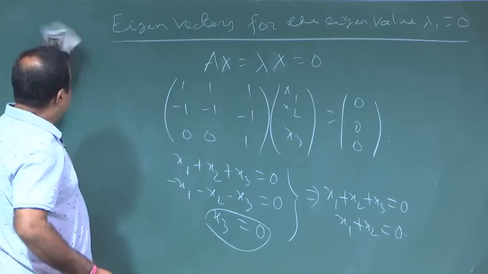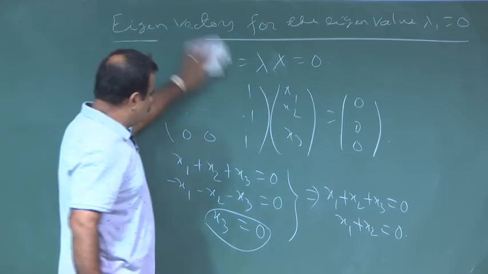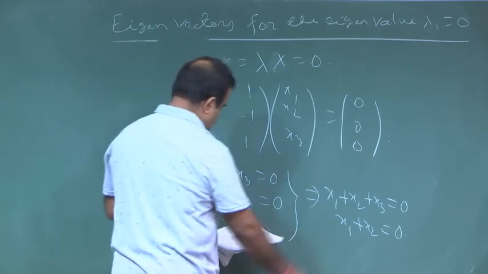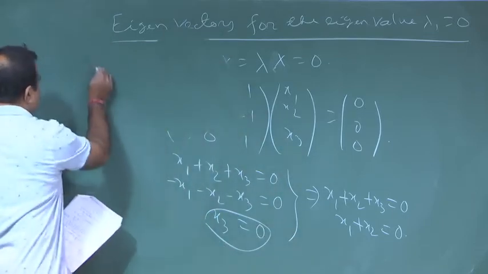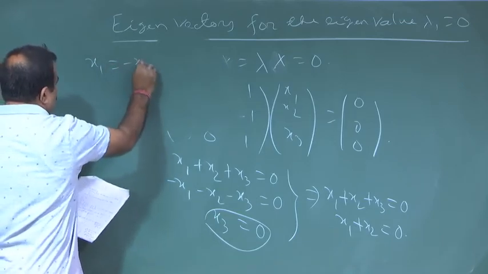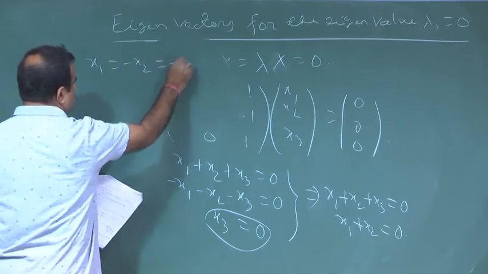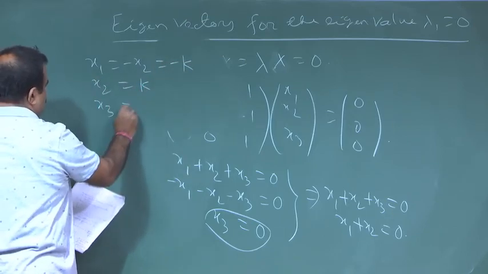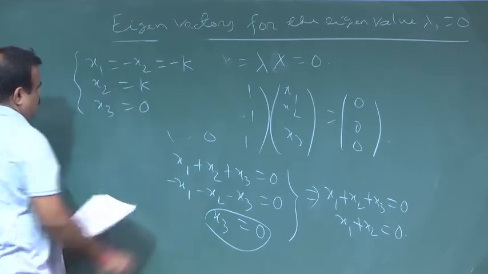Now, what are the values? We can choose x 2 to be k. This gives us x 1 equal to minus x 2, which is minus k, with x 2 equal to k and x 3 equal to 0. So, this is the set.